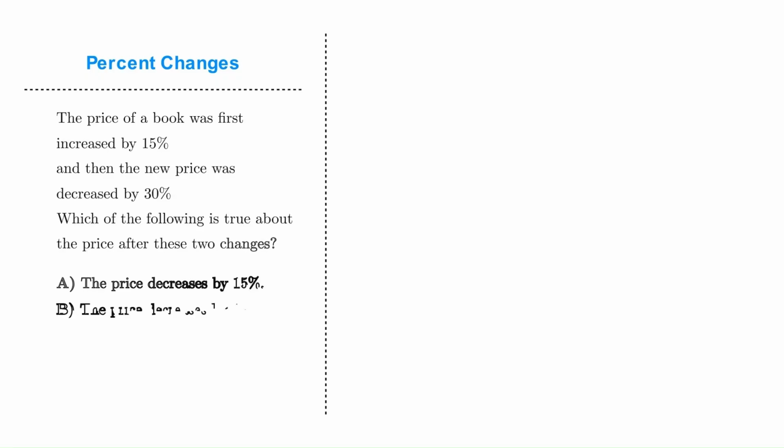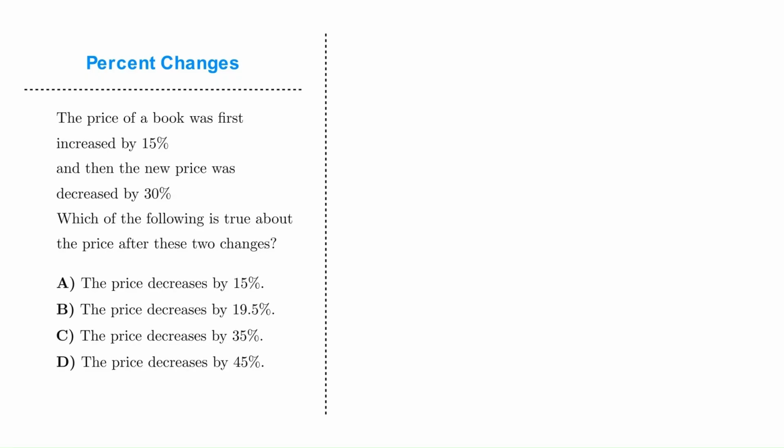Second question. The price of a book was first increased by 15% and then the new price was decreased by 30%. Which of the following is true about the price after these two changes? To solve this, let's begin by letting B represent the original price of the book.